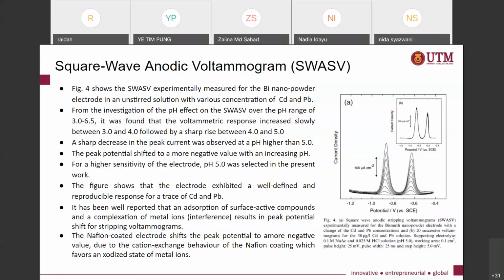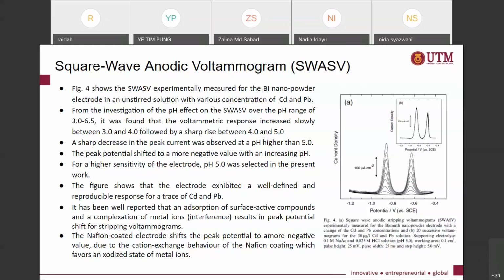It has been well reported that an adsorption of surface active compounds and a complexation of metal ions result in a peak potential shift for stripping voltammograms.